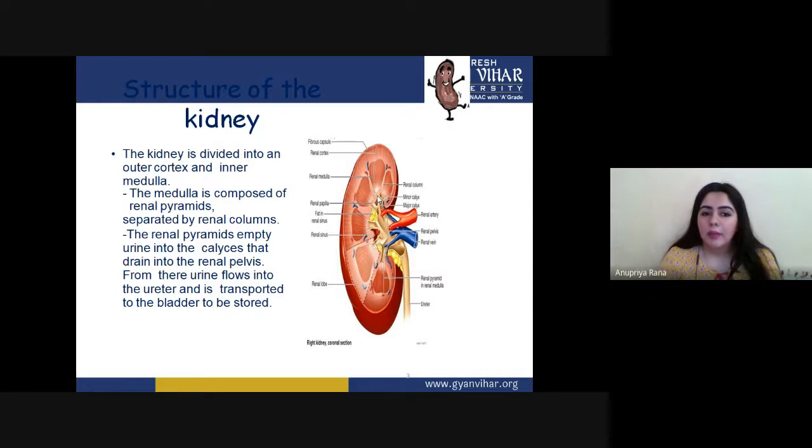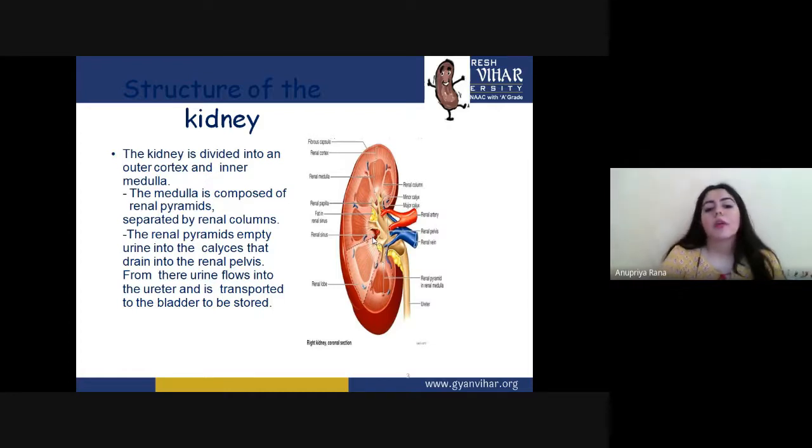The renal pyramids empty urine into the calyces that drain into the renal pelvis. So this is the renal artery, renal pelvis, and this is the renal vein. So here, these whole pyramids need to empty the urine into the calyces. So these calyces bring it to the renal pelvis, and this helps excrete it from the body.